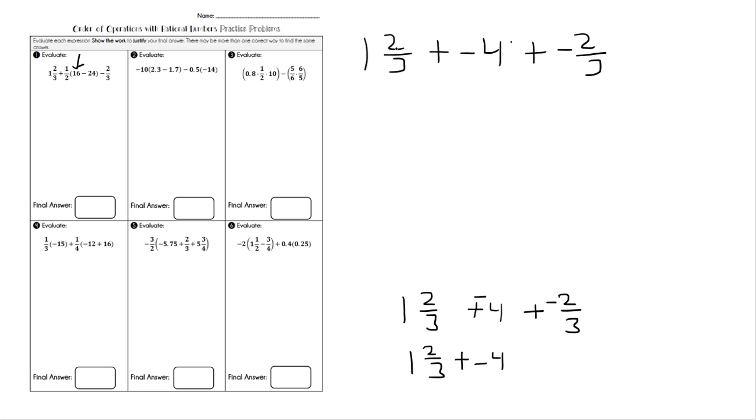This is the part we're doing right now. I'm going to change this mixed number to an improper fraction. That gives me 5/3 plus a negative 4. I'm going to put this negative 4 over 1, and then I'm going to find a common denominator.